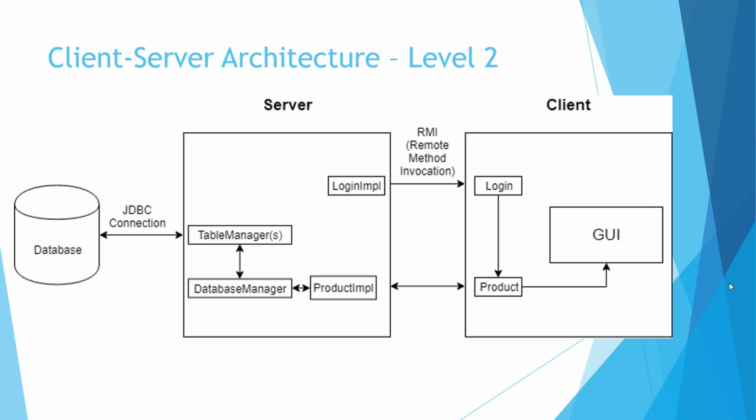And so basically once the user is logged in, the product will be used for the GUI components of the client, and then on the server side the product implementation will talk to a database manager, which will also in turn talk to a table manager, which will be the main fronting point for the database table connections.